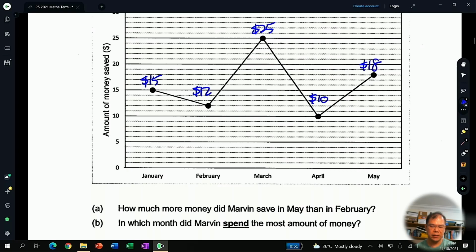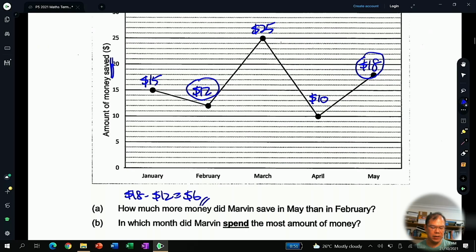Now part A asks how much more money did Marvin spend in May than in February. So May was $18, February was $12, so 18 minus 12, he saved $6 more in May. In which month did Marvin spend the most amount of money? Now this graph shows the amount that is saved.